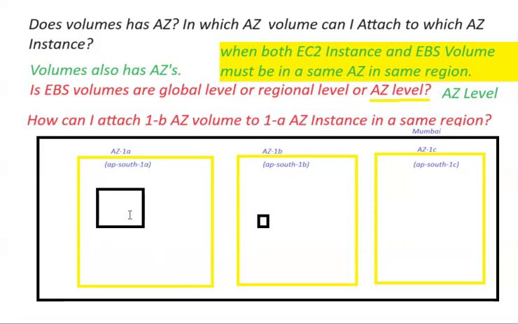I can only attach the 1b volume to a 1b EC2 instance, but I want this 1b volume in 1a. So how can I get this 1b volume in 1a?